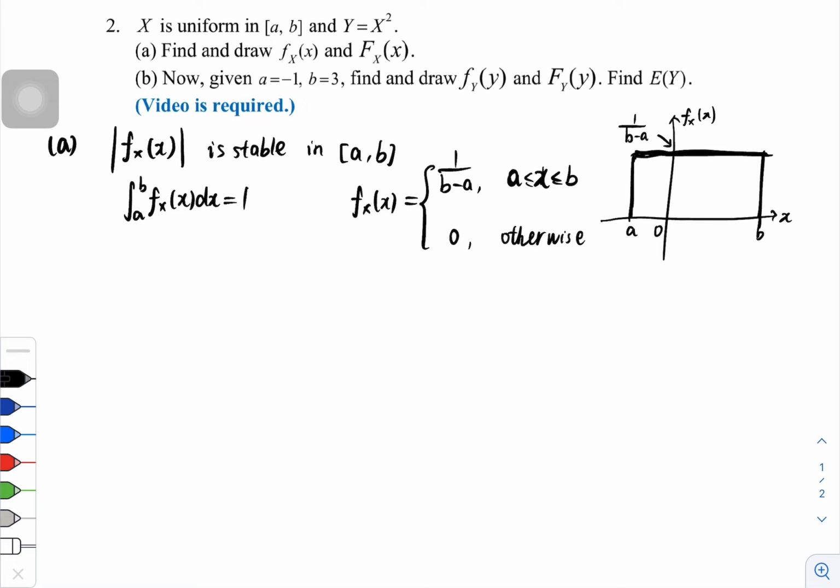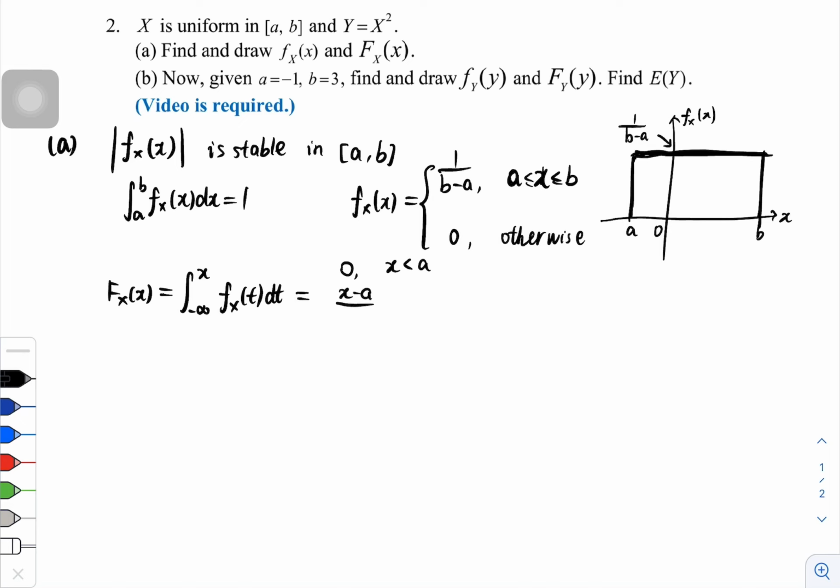So the distribution function should be this. It is 0 if x is less than a.